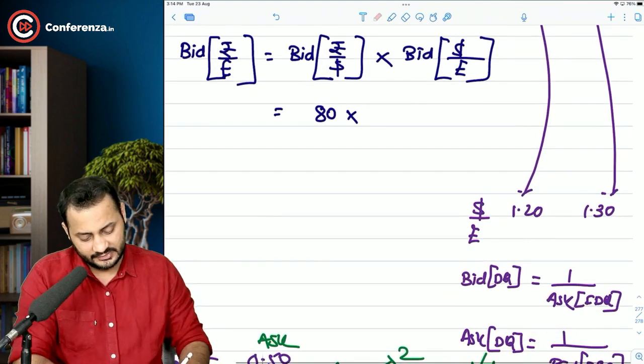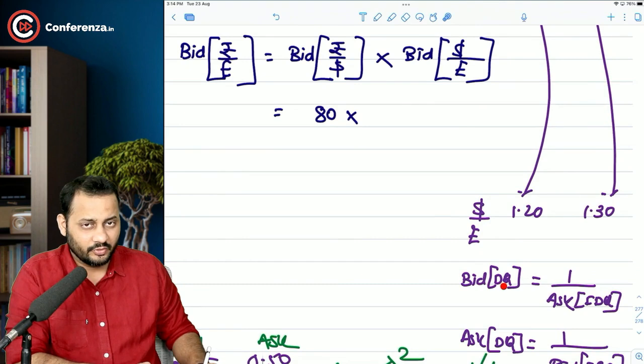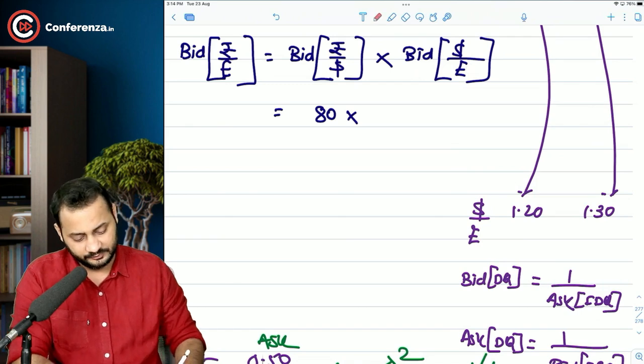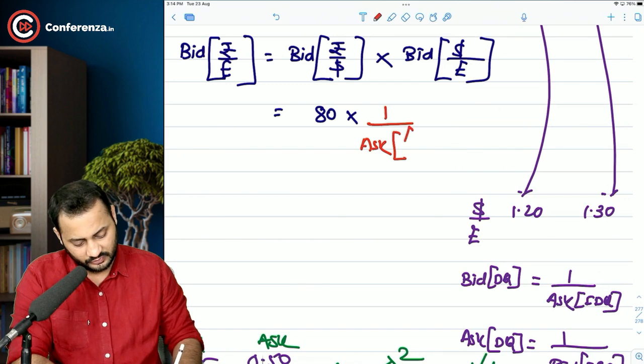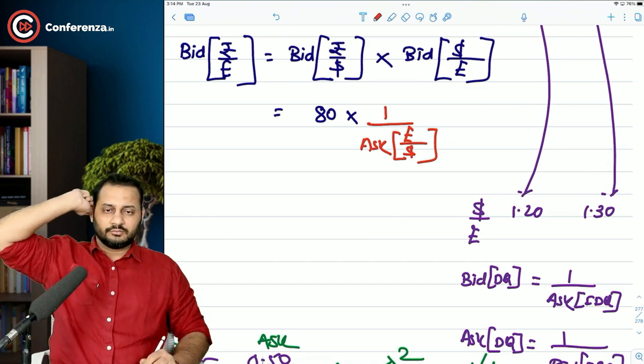Can I write it like this? See, bid of the direct quote becomes 1 by ask of the indirect quote. So bid of this quote will become 1 divided by ask of pound per dollar. That's it.